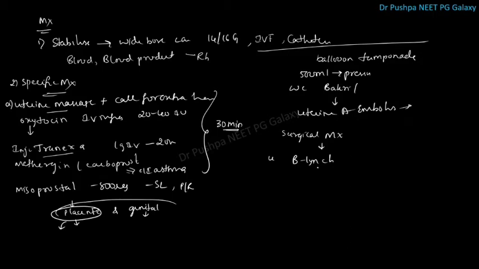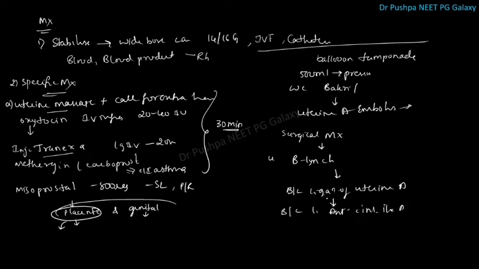If it is not responding, we can do bilateral ligation of uterine artery. If it is not improving, then bilateral ligation of the anterior division of the internal iliac artery. It will reduce the pulse pressure by 80%.